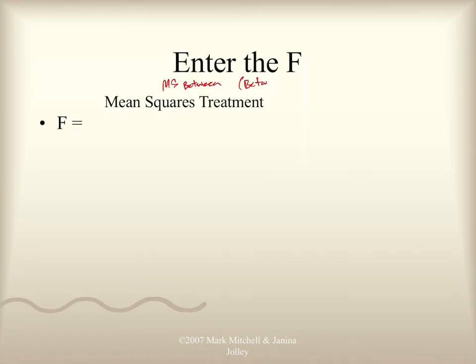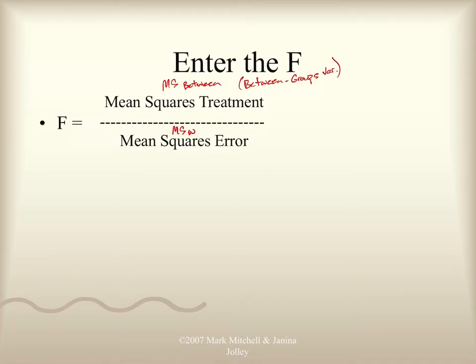This is really our between groups variance, comparing that to the within group treatment, the mean squares of the error, or the MS within, or within group. These are the two types of variance that we just saw.